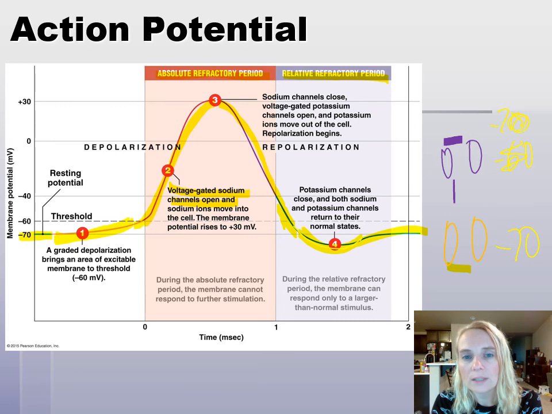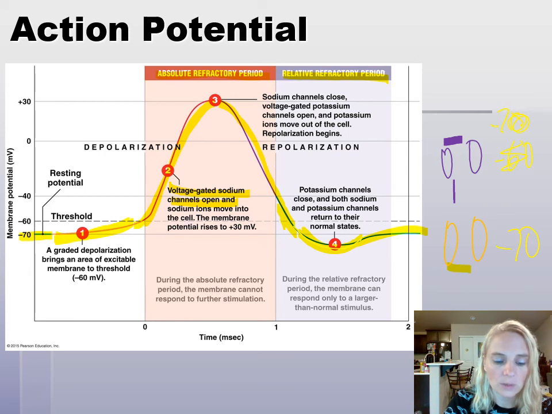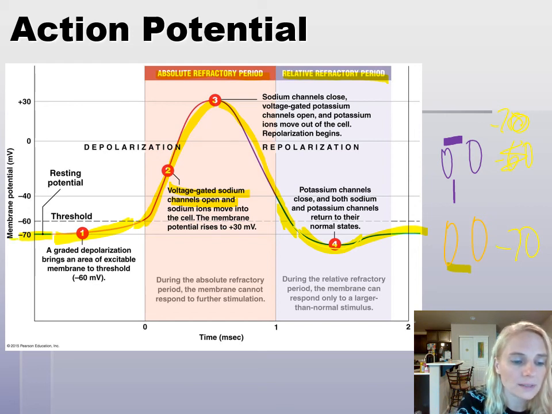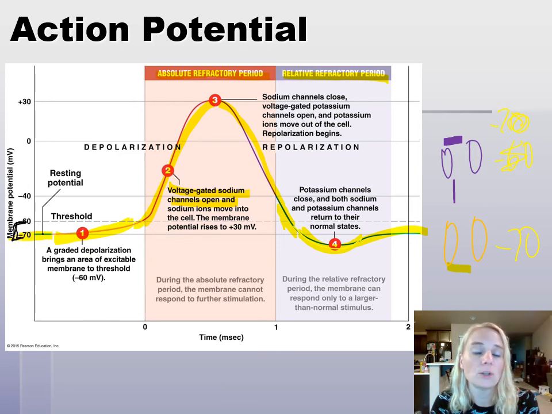Once you reach the relative refractory period, we can trigger another action potential, but it usually has to be triggered with a higher than normal stimulus. So the difference between rest and threshold is 10 millivolts, right? In a resting cell, you start off at negative 70, you can trigger an action potential with a stimulus of 10 millivolts, going from negative 70 to negative 60.